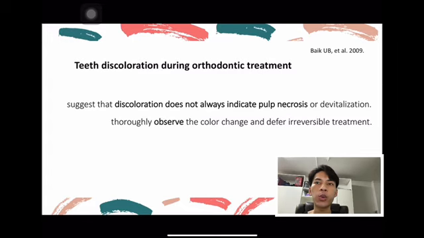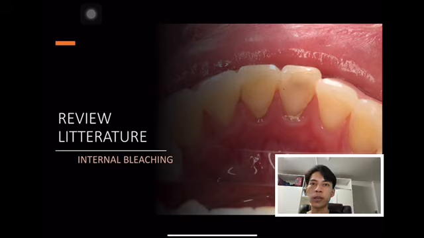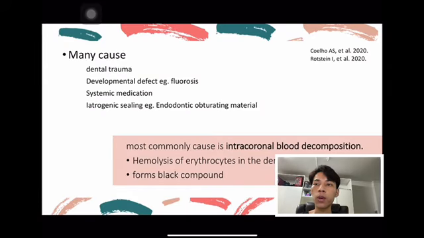And next is review of literature about internal bleaching. Internal discoloration has many causes like dental trauma or developmental defect, but the most common cause is intracoronal blood decomposition by hemolysis of erythrocytes in the dentinal tubules, then release of iron and formation of ferric sulfide, which is a black compound responsible for the discoloration of the tooth.